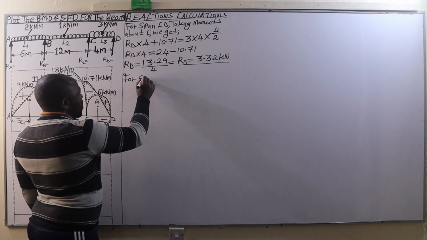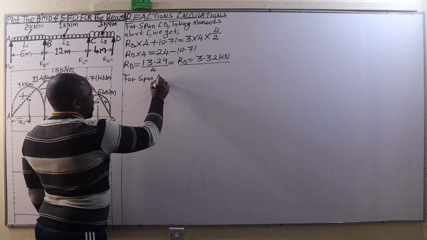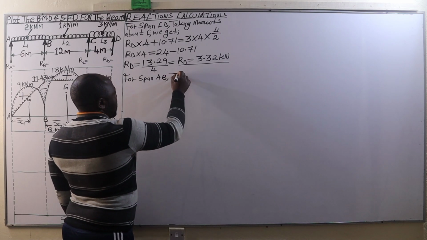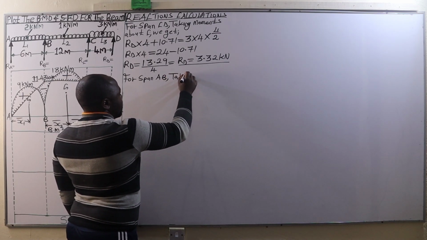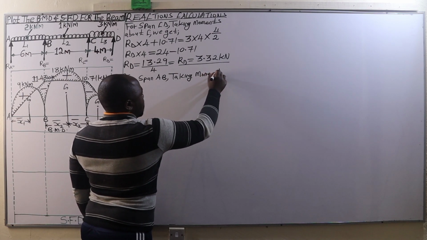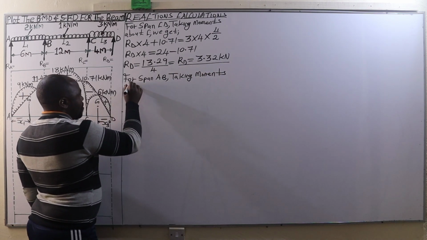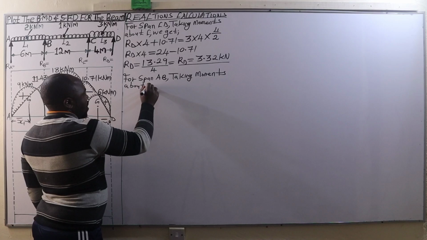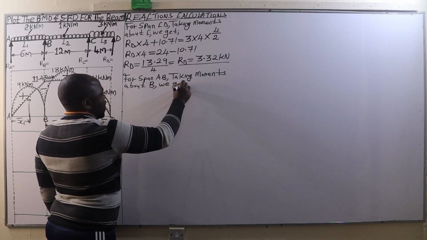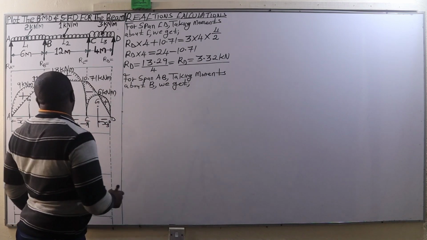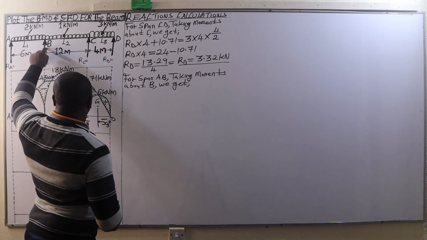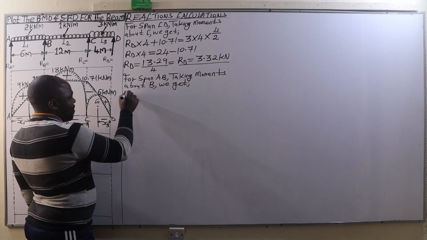From there, we go to the span AB. Therefore, for span AB, that is this span, taking moments about the support B, we are going to get what? This gives us RA times 6, a clockwise moment.